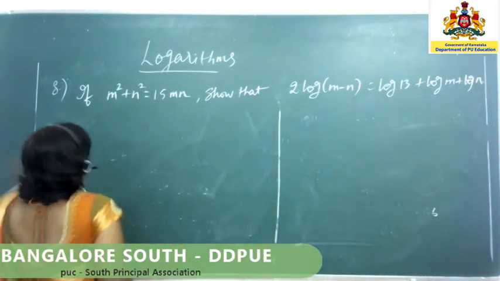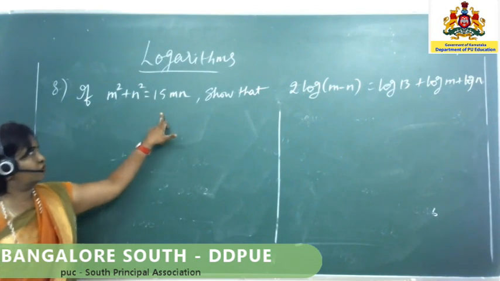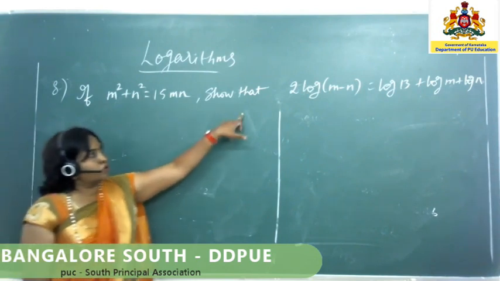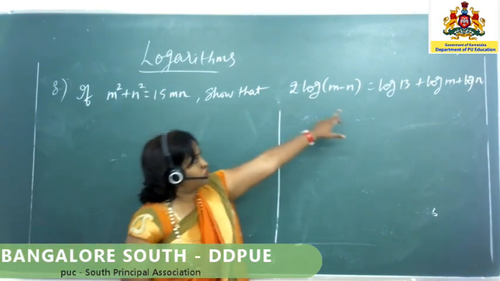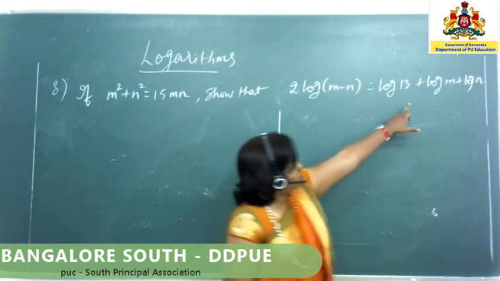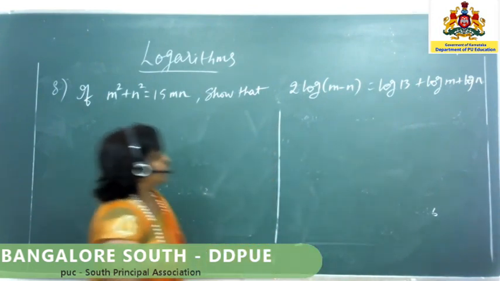So if m square plus n square is equal to 15mn, show that 2 log (m minus n) is equal to log 13 plus log m plus log n.